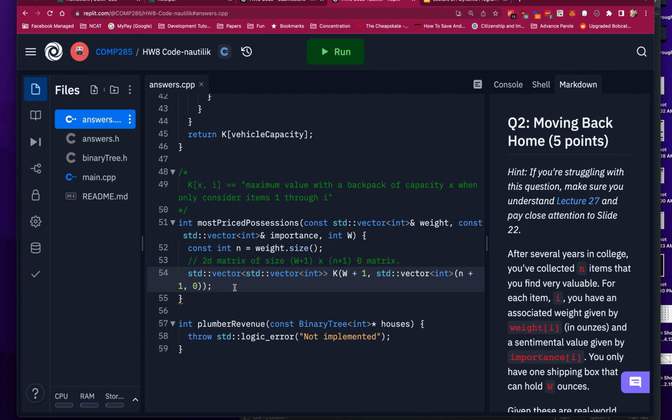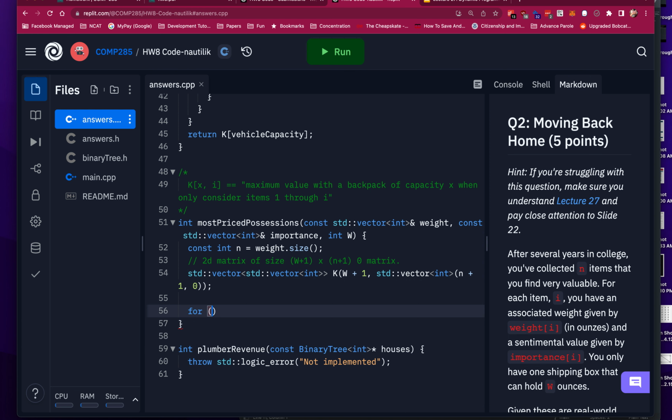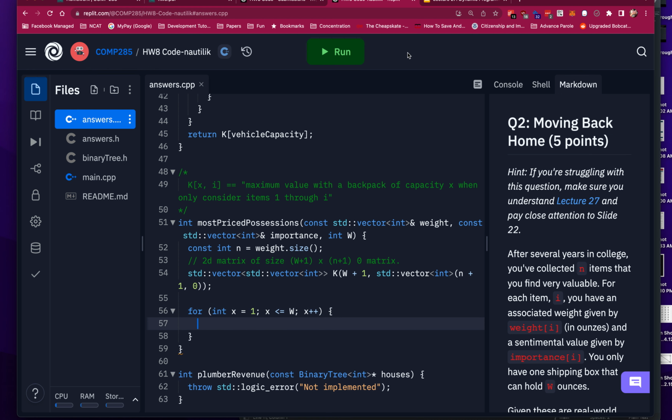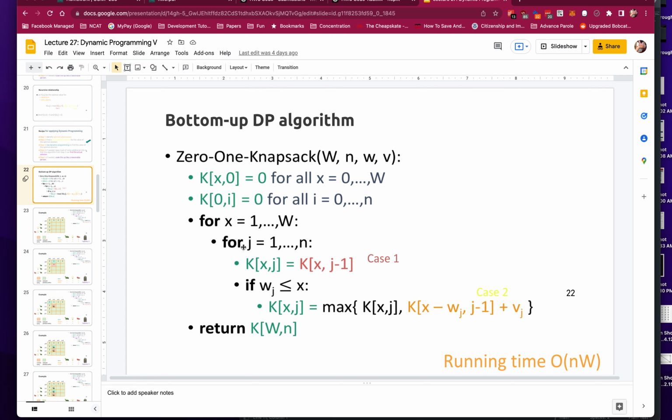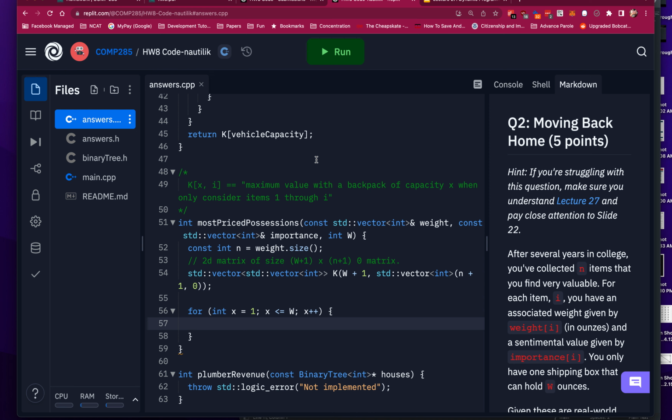And the for loops are actually pretty straightforward here. So again, you have int x equals 1, so you're considering backpacks of size 1. x is less than or equal to W because you go all the way up to and including W, x plus plus. And again, if we jump back to the pseudocode, you'll see that we consider all values of i. So now we say, well, what if we only look at the ith item, starting with the first item?